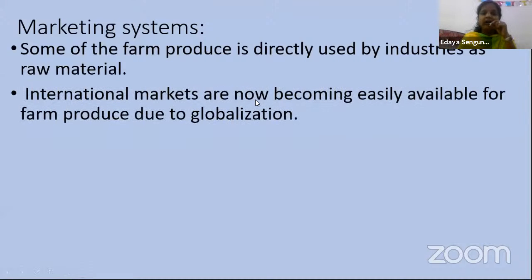International markets are now becoming easily available to farm produce due to globalization. Now, what is globalization? One market for the whole world. We can sell our product not only locally, but we can even export it to other countries. And similarly, other countries' farmers can sell their agricultural products to our country.